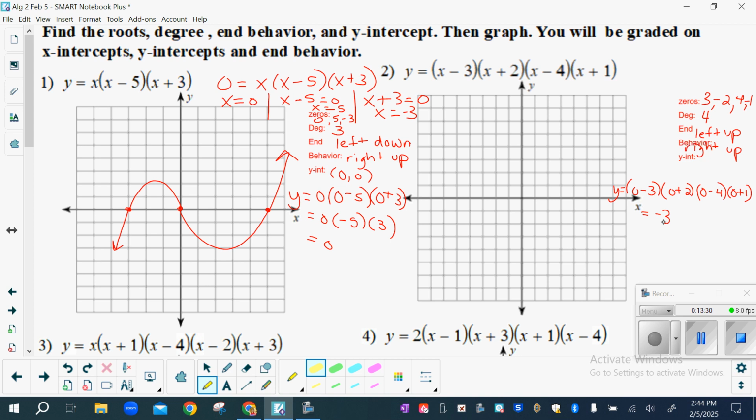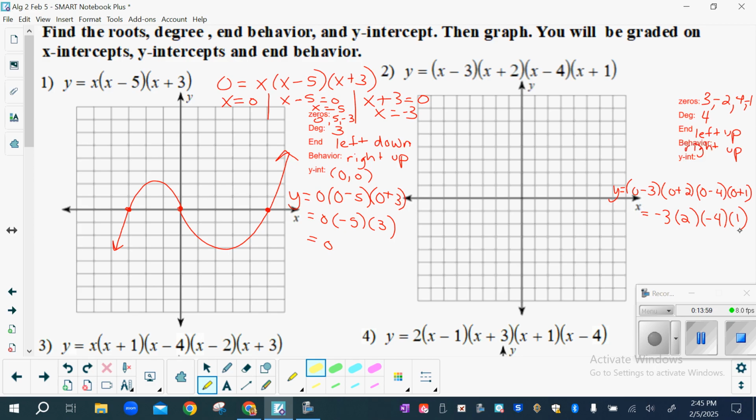So we get negative 3 times 2 times negative 4 times 1. Do you need a calculator or can you do that in your head? I want someone to tell me what that is. Please raise your hand and tell me what the y-intercept will be here.